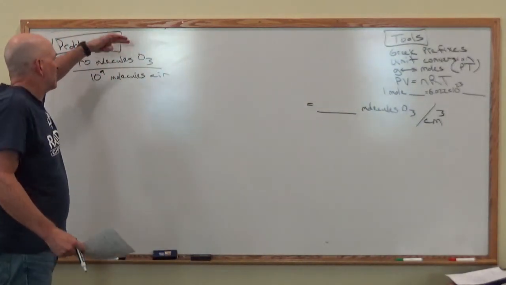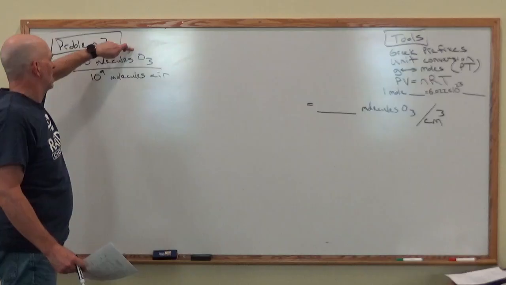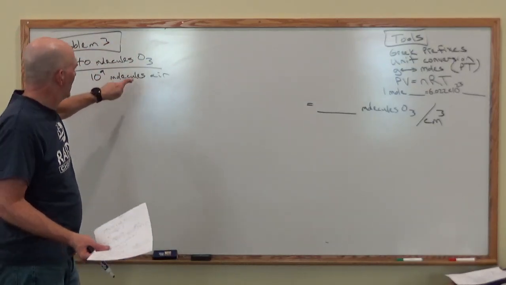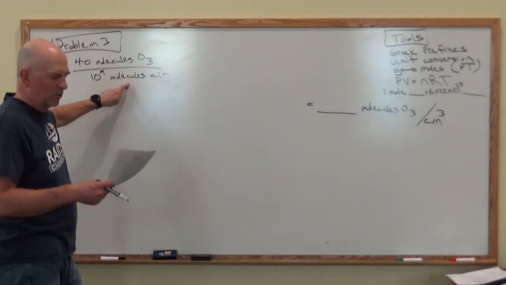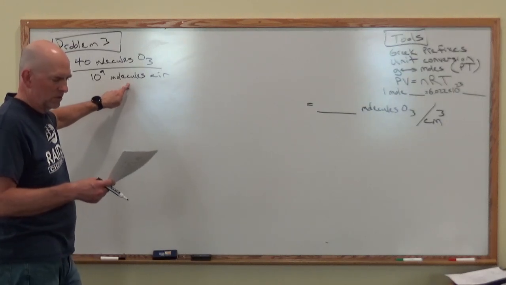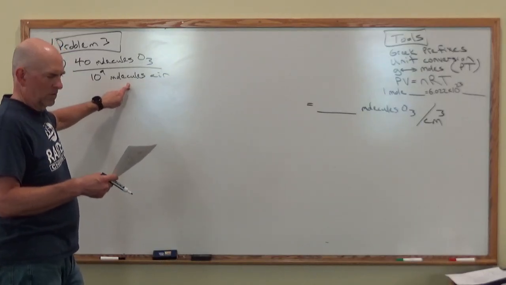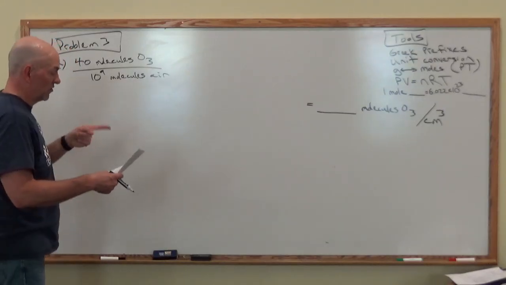So we've seen a problem like this. This is done. All we have to do is take molecules of air, convert it to a volume. We've done this already. Yeah, okay. Well, sort of.